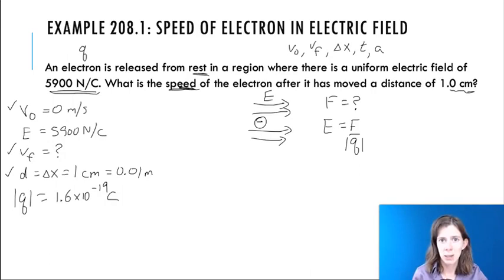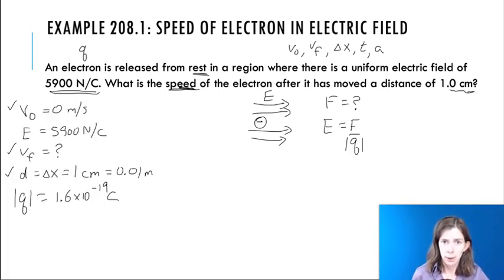If we know 3 of them, which we do here, then we can find one of the unknowns, which could be t or a. Looking at this, to find VF, do you think time or acceleration is going to be relevant?